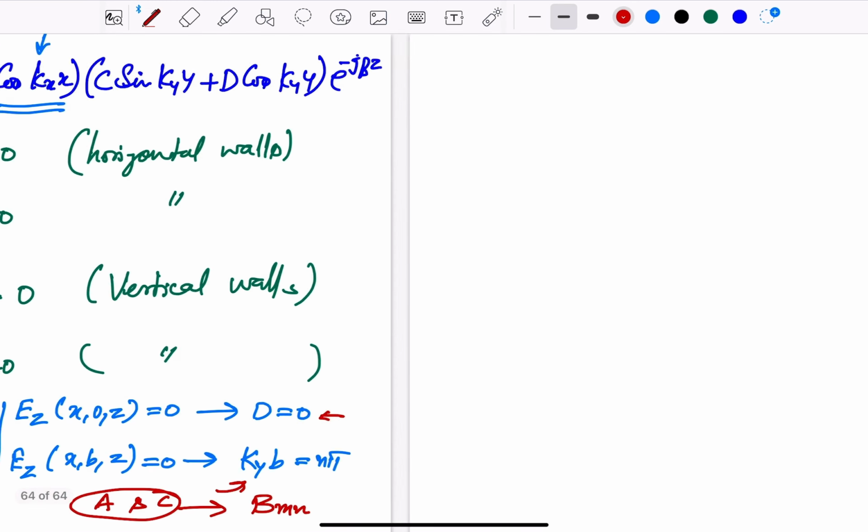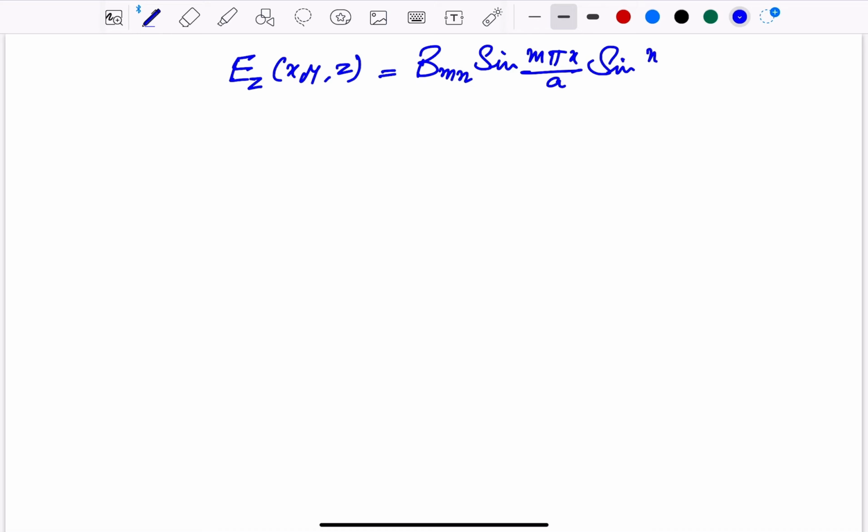So with this I can rewrite the longitudinal component Ez as Bmn sine(m pi x over a) sine(n pi y over b), and of course e to the power j beta z.